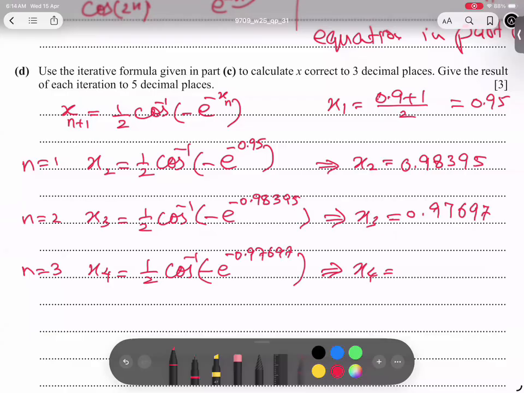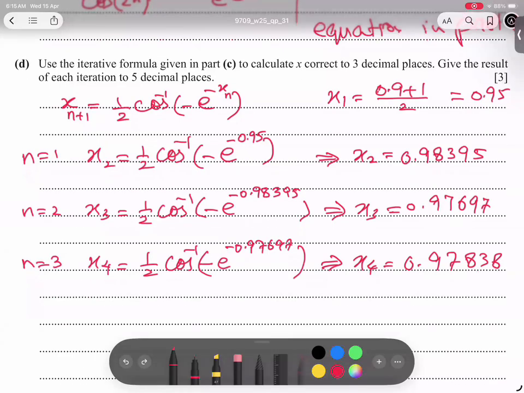So if I check it in an equation, I'm getting this time 0.97838. So we have to keep our eye on 3dp. Okay. Is it starting to match or not? Two digits are matching now, but third is still not matching. Okay. So we have to go one more step. Let's see what happens then.